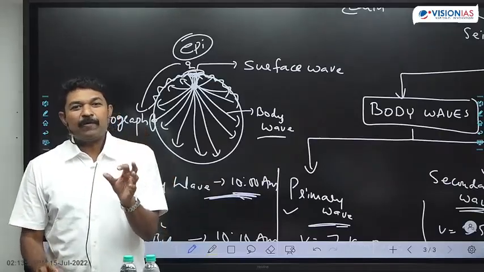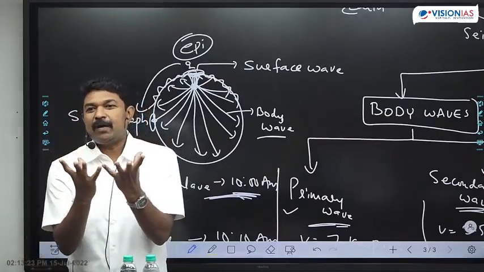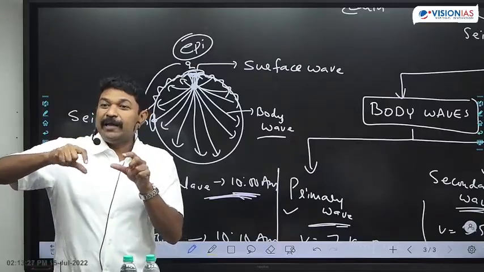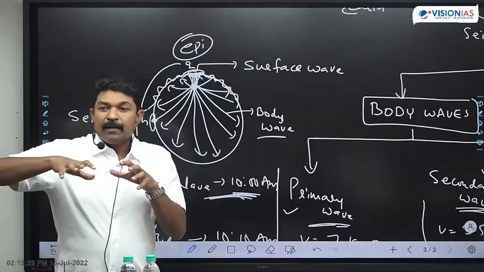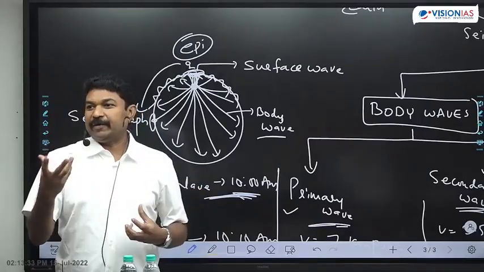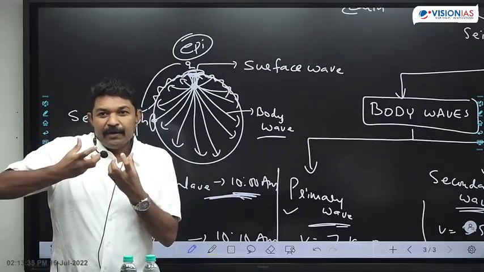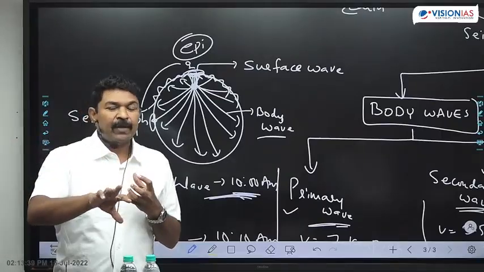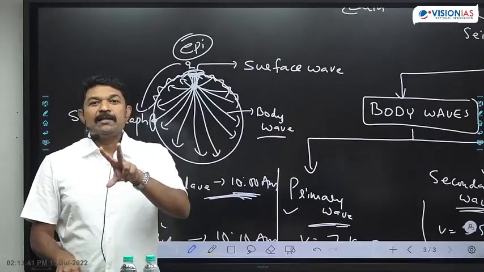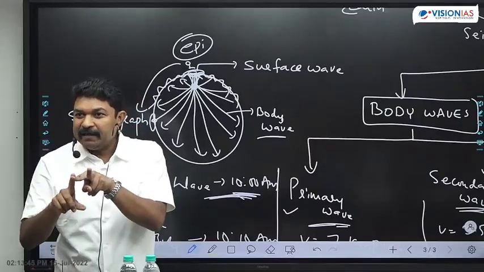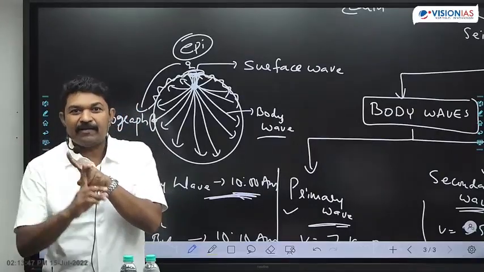It's because whenever the energy is dissipating out, it's not always that the energy dissipates only in one fashion. There are different varieties of genesis of the waves. Due to this, the energy moves in different ways. What the scientists discovered is that there are two ways of propagation of the energy. One is a very fast movement, another is a slow movement.